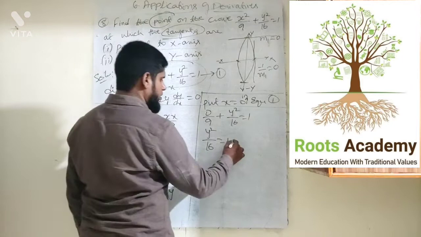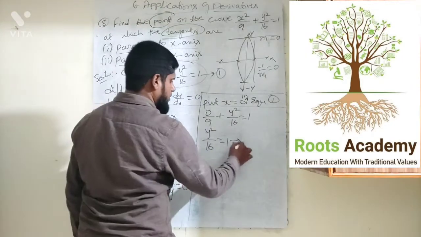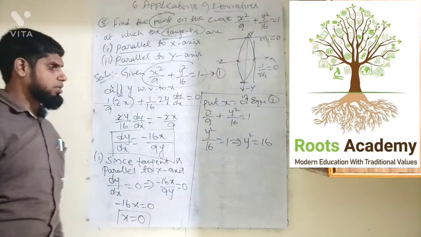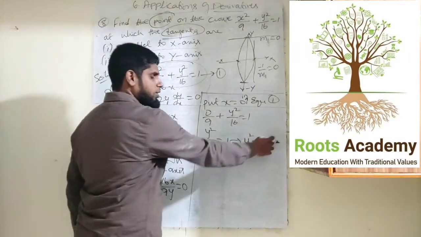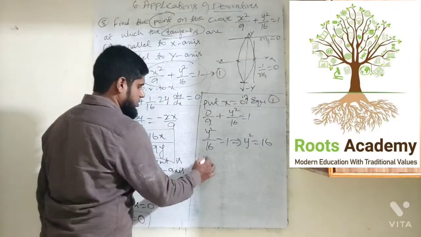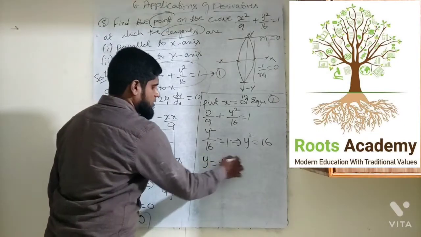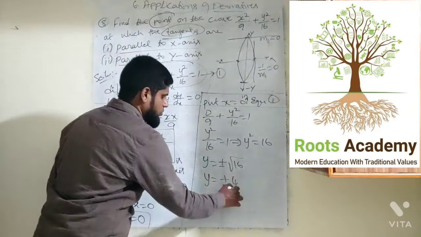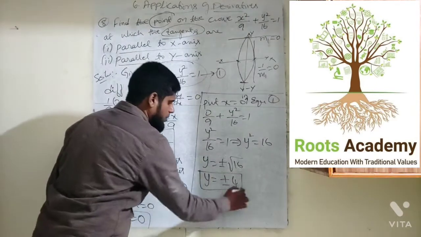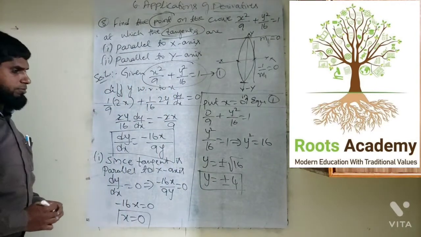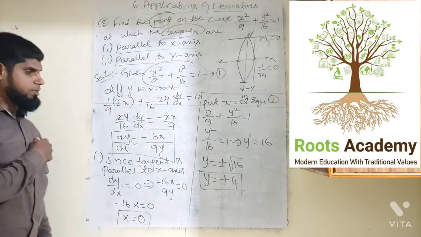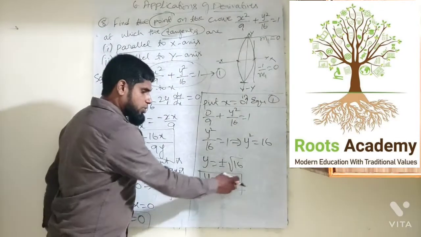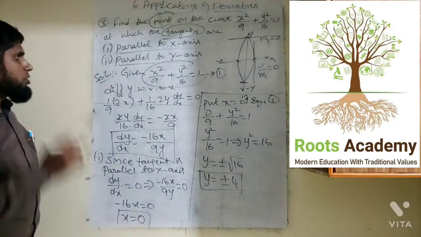If I do the cross multiplication, I will get y square is equal to 16. If I shift the square to the other side, I will get plus or minus. So y is equal to plus or minus root 16, that gives y is equal to plus or minus 4. So student, y has 2 points, one positive, other negative.